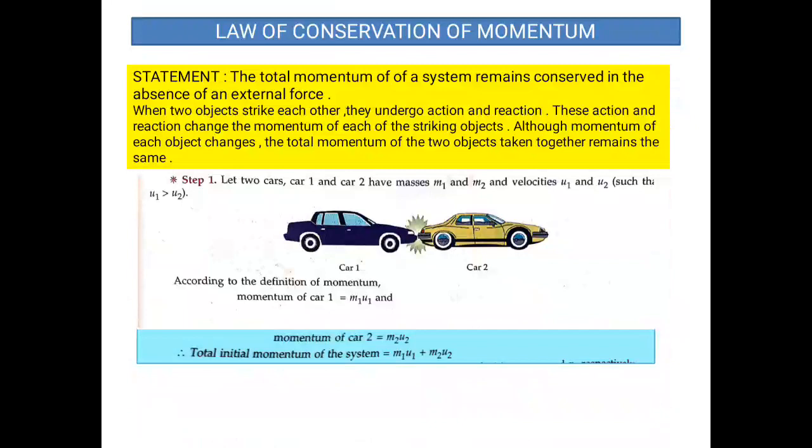According to the definition of momentum, the momentum of car 1 equals m1u1 and the momentum of car 2 equals m2u2. These are the initial momenta. Now the total momentum of the system before collision is m1u1 plus m2u2. After collision the velocities of the two cars will change.